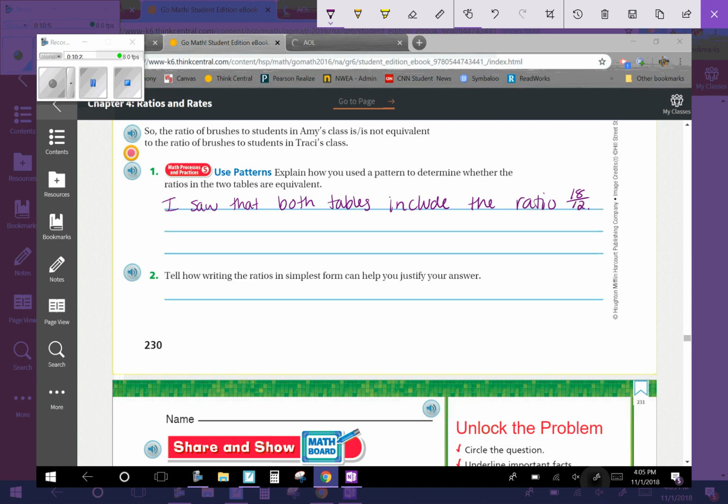Since the same ratio appears in both tables, the first table must be equivalent to the ratios in the second table.